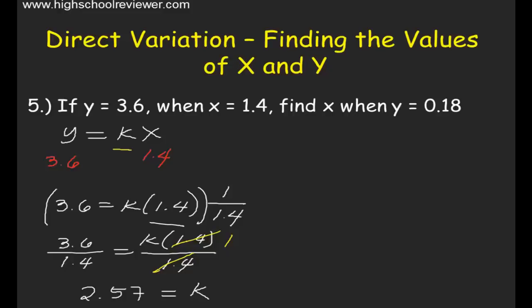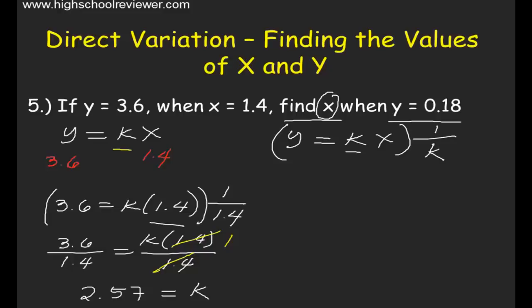So we can now find x when y is equal to 0.18. Again, we are going to use the equation y is equal to k times x. But again, we need to find x. So using this equation, we have to cancel out k. To cancel out k, divide both sides of the equation by k.